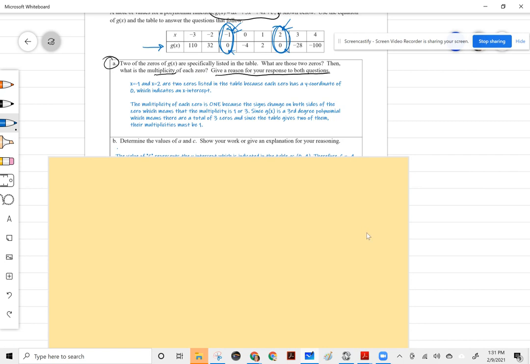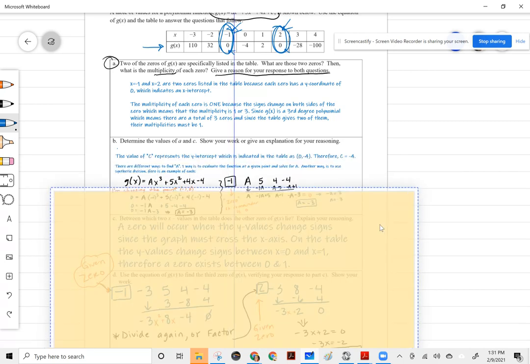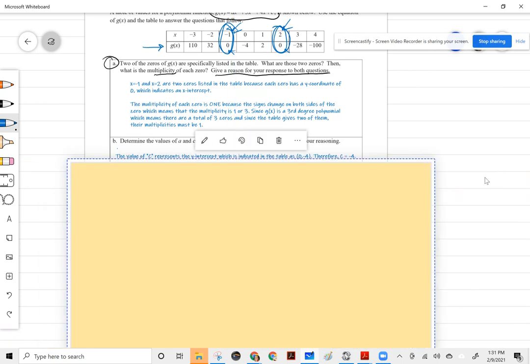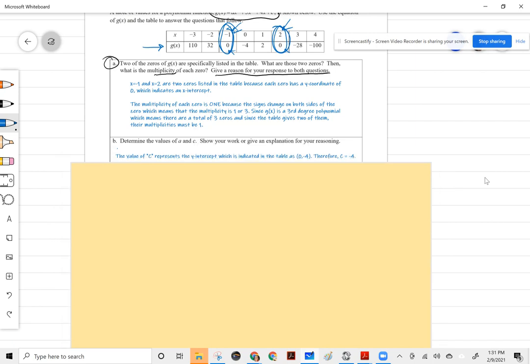Here's the reasoning for the first one to identify: the value of C represents the y-intercept, which is indicated in the table as (0, -4). So I've got (0, -4). Therefore, C is -4.